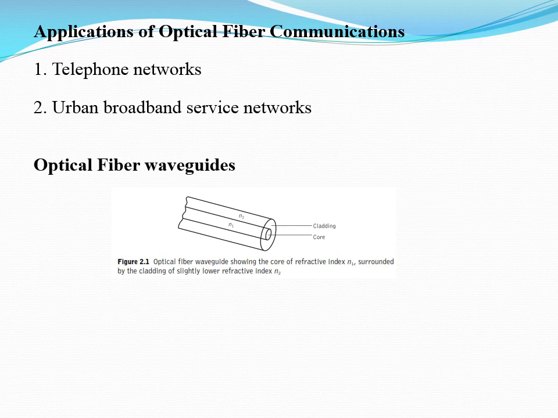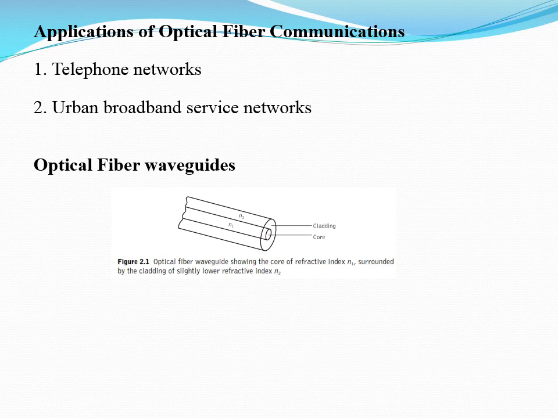Then if I consider the optical fiber waveguides, it is a three-layer structure. One is the core, one is the cladding, and one is the outer layer, which is an insulator. The inner material, which is the core, has a refractive index represented as N1, and the refractive index of the cladding, the outer layer, is N2.